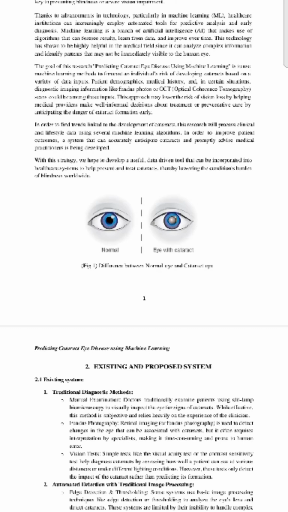Next one is the proposed system. The system aims to leverage more advanced machine learning and deep learning techniques to improve accuracy, scalability, and generalization for cataract detection. Among the deep learning models, we are using the CNN model, convolutional neural networks. A CNN based automated system will be proposed.